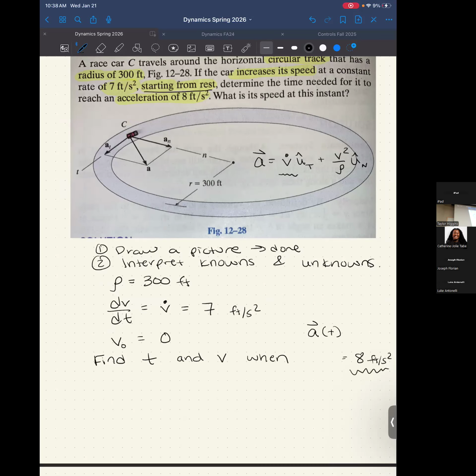No, it said that at a particular time, something is 8 feet per second squared. This is a little tricky. What they're telling you is the magnitude of the acceleration. Regardless of how much is in the normal direction and how much is in the tangential direction, the magnitude of the acceleration at the instant I'm asking you about is equal to 8 feet per second squared.